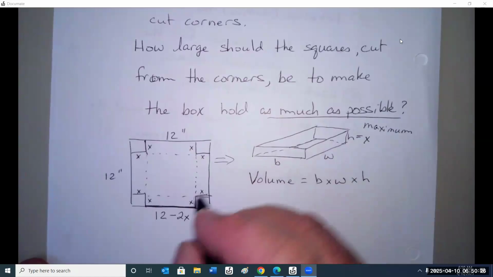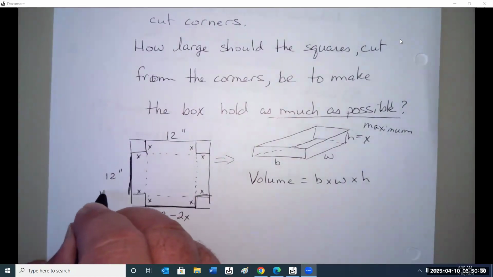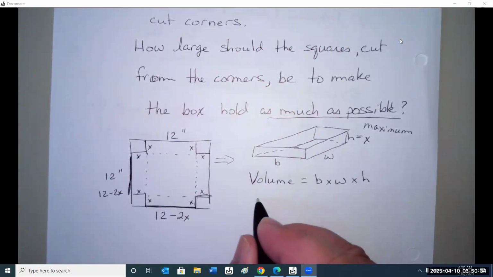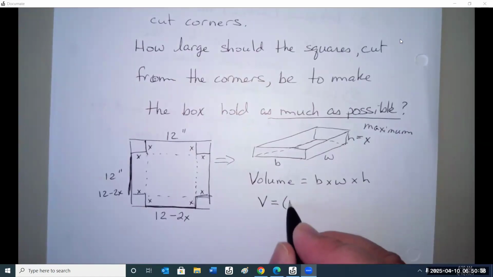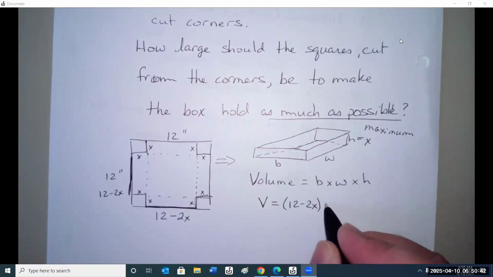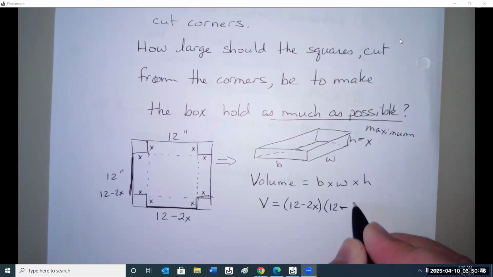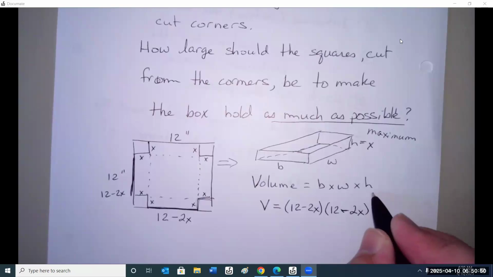And it's going to be the same thing for this length here. It's going to be 12 minus 2x. So the volume equals the base is 12 minus 2x times the width, which is 12 minus 2x, and the height is x.